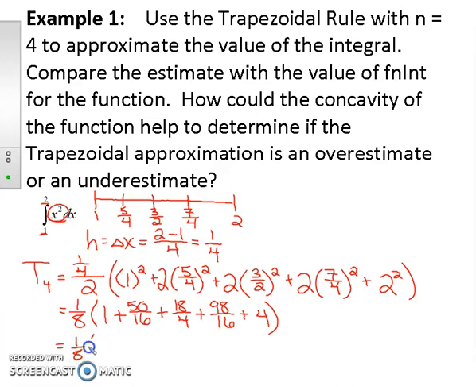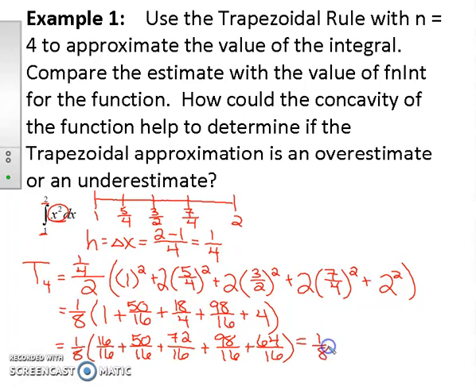So I've got 1/8 times 16/16 plus 50/16 plus, this would get multiplied by 4, so that's 72/16, 98/16, and 64/16. So that becomes 1/8 times 75/16. Let me double check that math.